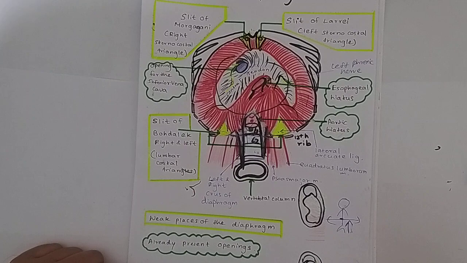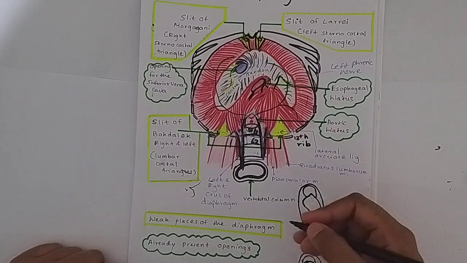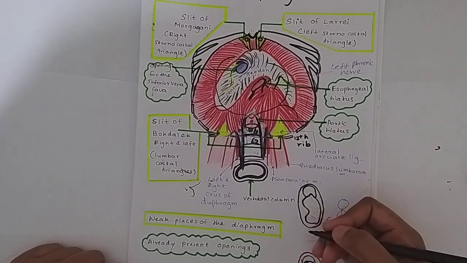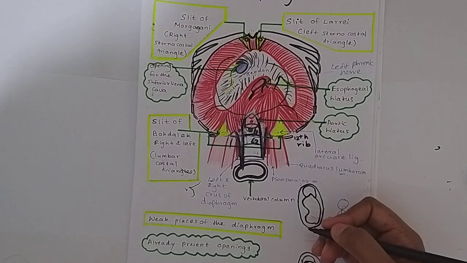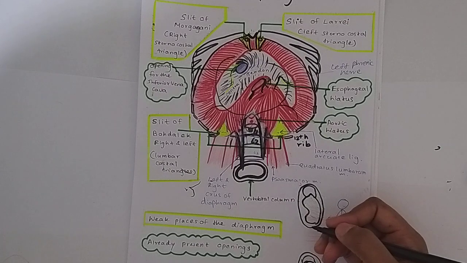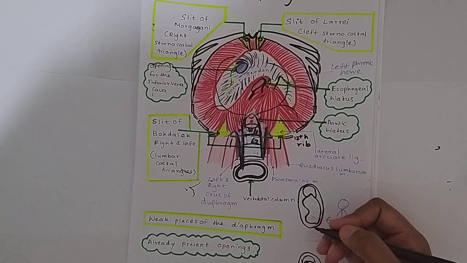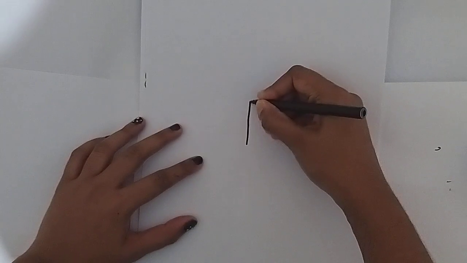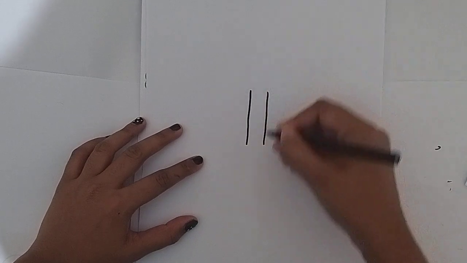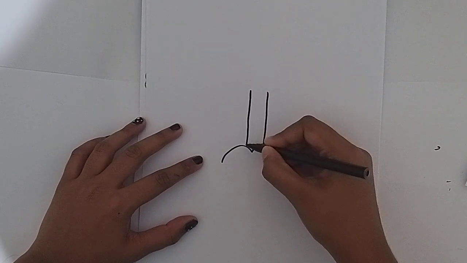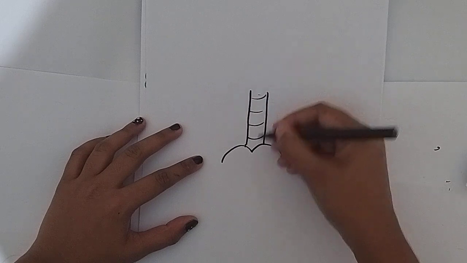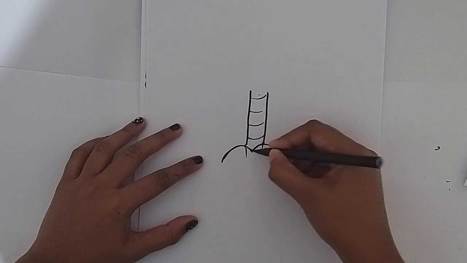Other than that, there are some small narrow openings for some structures: the sympathetic trunk, the greater and lesser splanchnic nerves, and the azygos and hemiazygos veins. I will draw and show you the course of those, and then you can get an idea about how they pass. This is the vertebra, and this is the diaphragm.